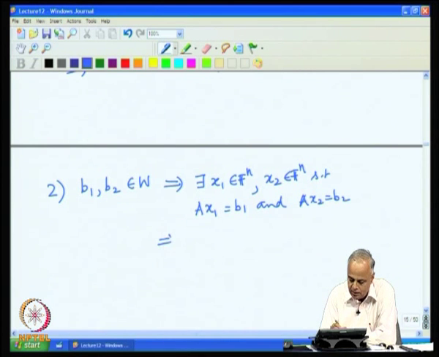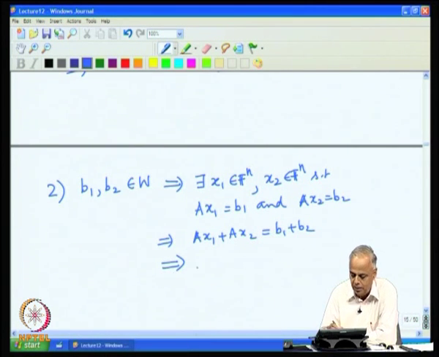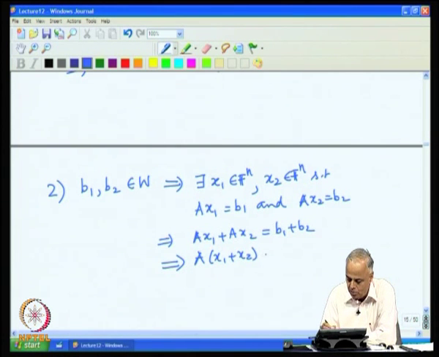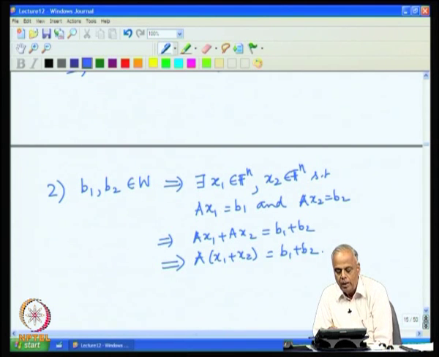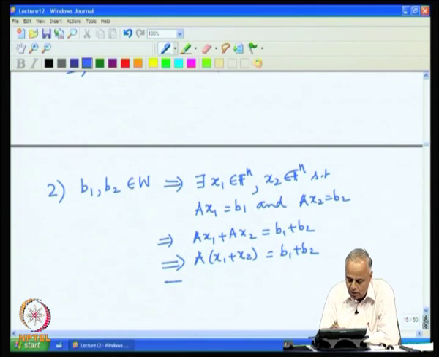Now, that says A x1 plus A x2 is b1 plus b2. Again matrix multiplication distributivity tells us A of x1 plus x2 is b1 plus b2. Now, x1 is in F n, x2 is in F n, and therefore, x1 plus x2 is in F n.